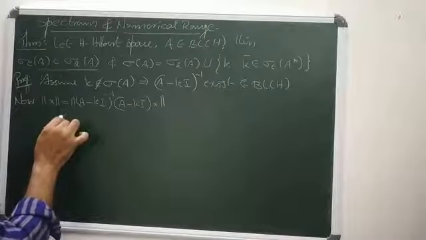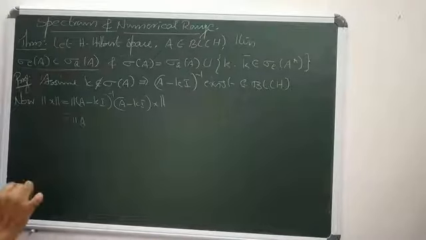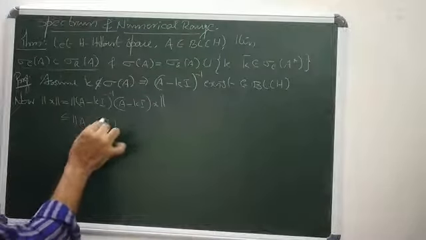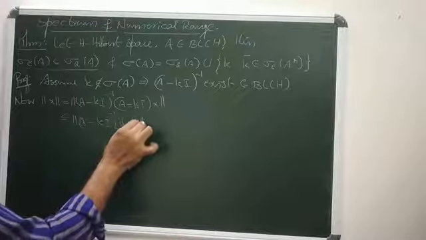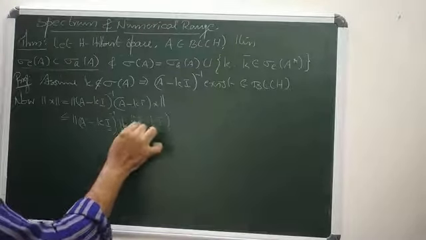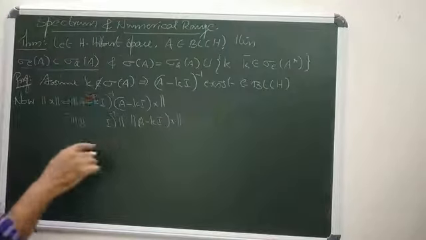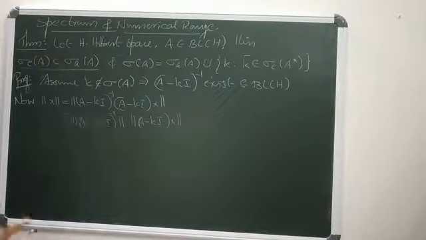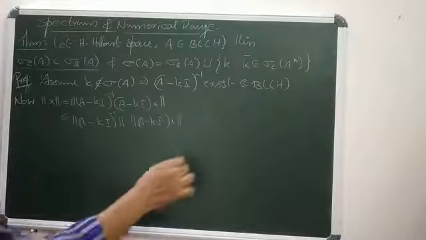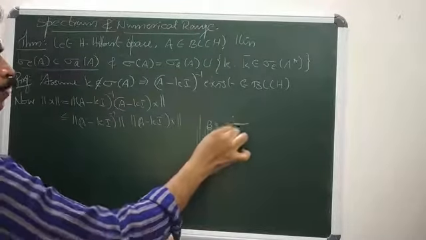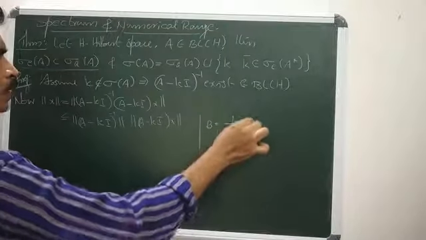So this is less than or equal to, since we know that norm AB is less than or equal to norm A into norm B, norm A minus k inverse into norm A minus k of x. Put beta equals 1 by norm A minus k inverse.